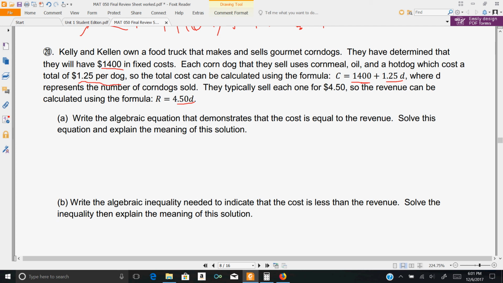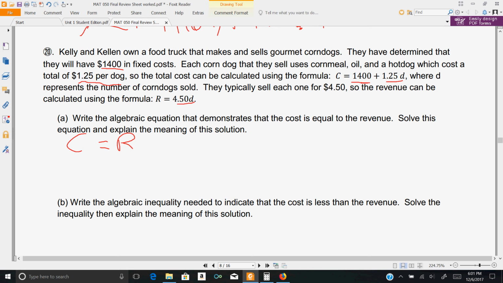All we're asked to do here, though, is write the algebraic equation that demonstrates the cost is equal to revenue. Solve this equation and explain the meaning of the solution. So cost equals revenue. In general, you hope the cost is less than the revenue, but we're asked to see where it equals the revenue.